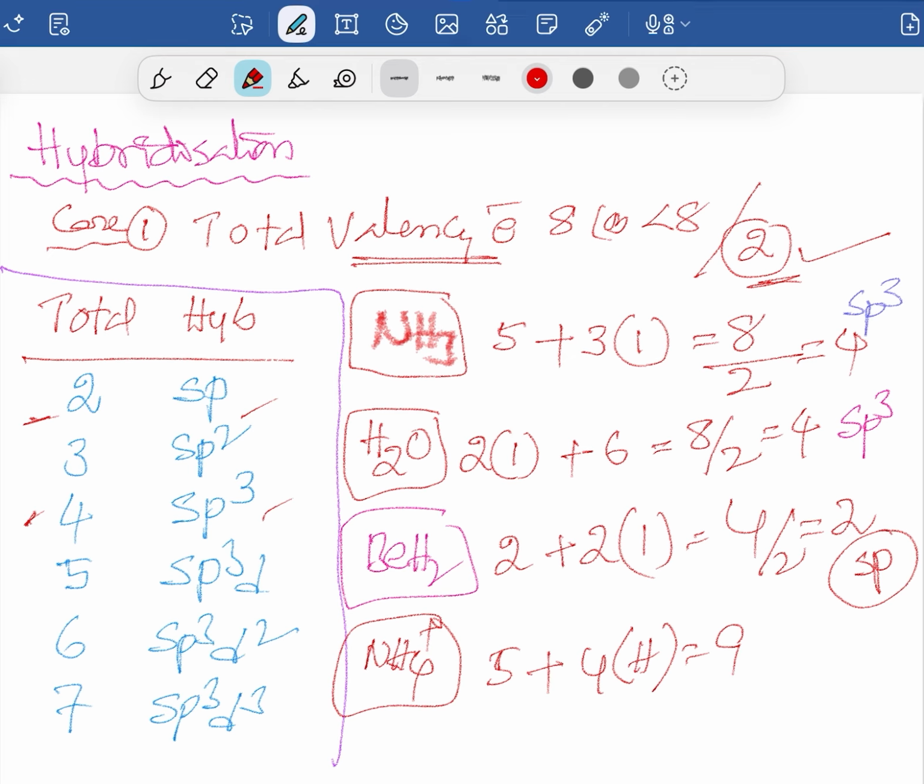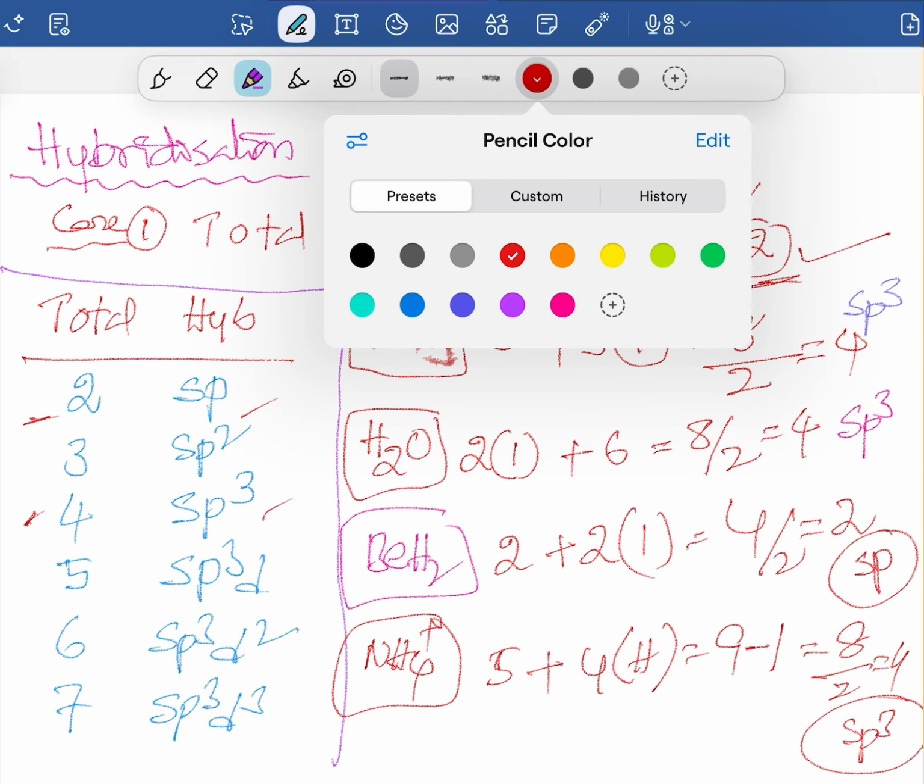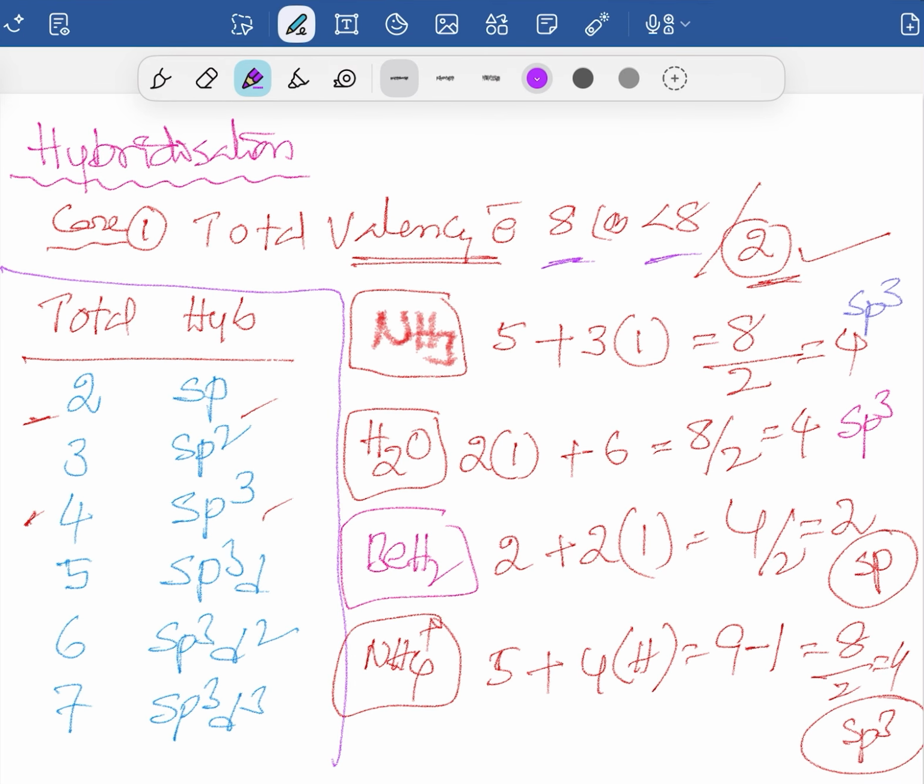But it has a plus 1 charge, an ion state, so take minus 1. 9 minus 1 is 8. 8 divided by 2 is 4. The 4 is sp3 hybridization. Therefore NH4 plus is also sp3 hybridization. Okay, this is the case 1 method, and it is only useful for 8 or less than 8.